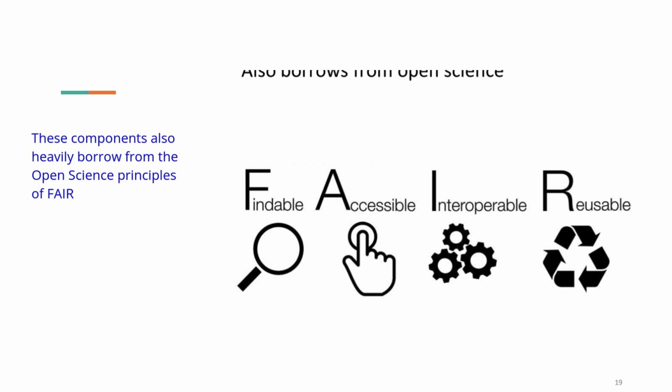Number two, it should be accessible, meaning it should be easy to retrieve in a clear and easy manner. And then we also talk about interoperability. And what this essentially means is that data should be able to integrate and operate with other data sets and systems, allowing for effective data exchange and collaboration.